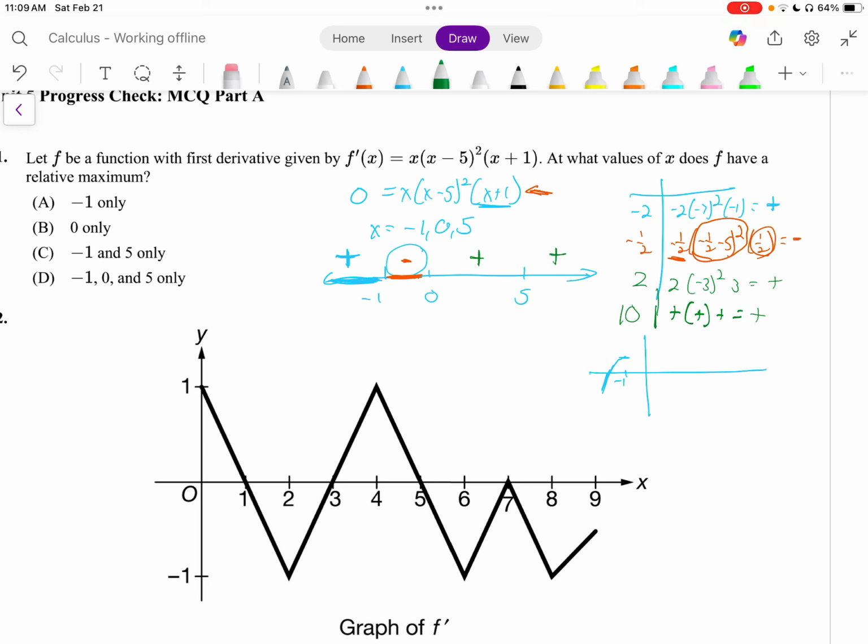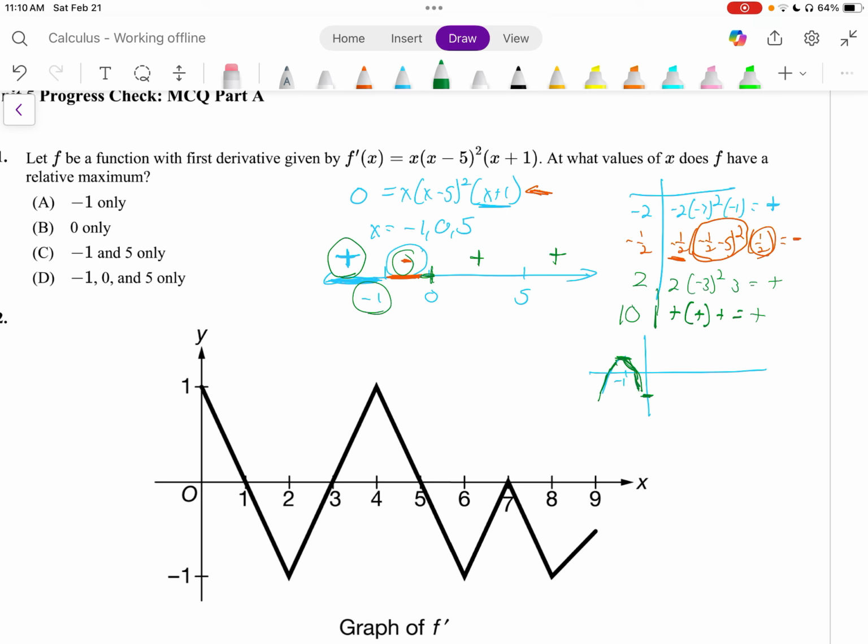And so we want a relative maximum. Well, at -1, the derivative is 0, the slope is positive, so the graph is increasing before it and negative after, which would make that a maximum. And then at 0, it has a derivative of 0.